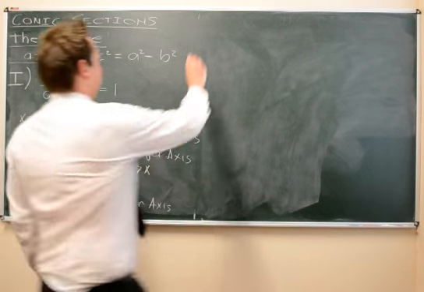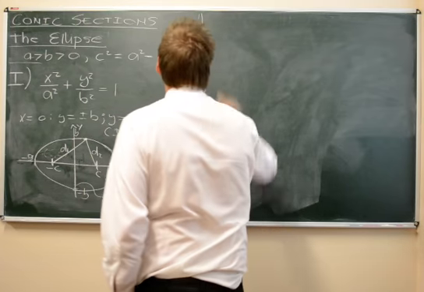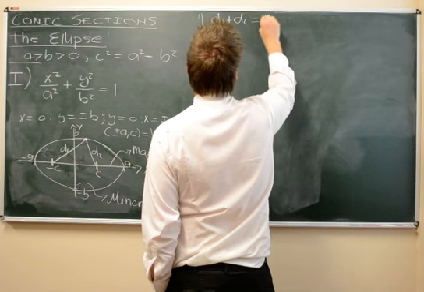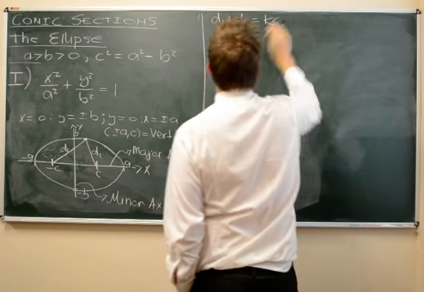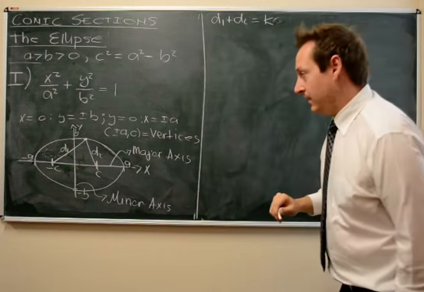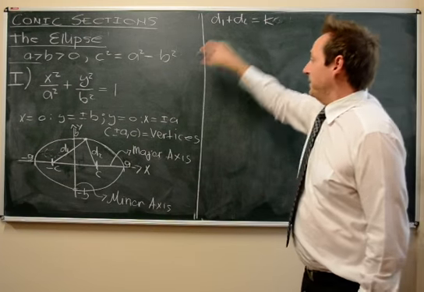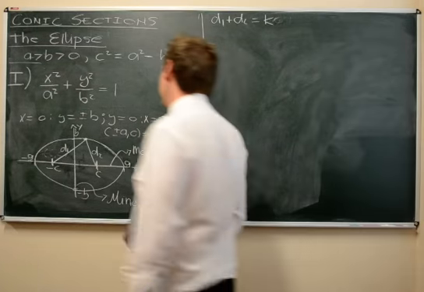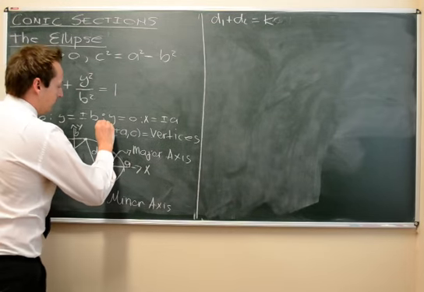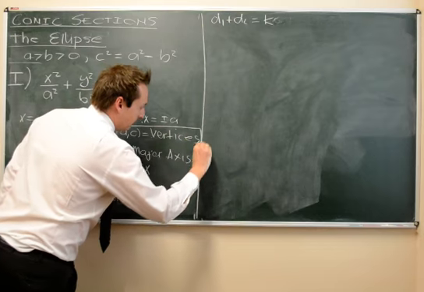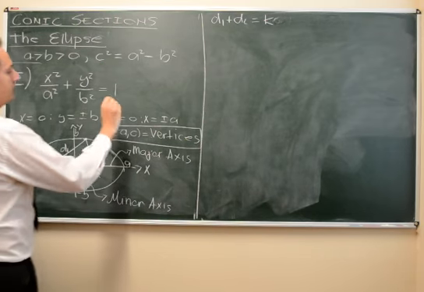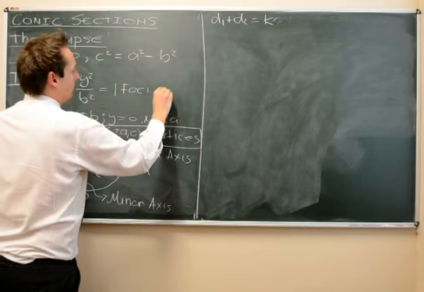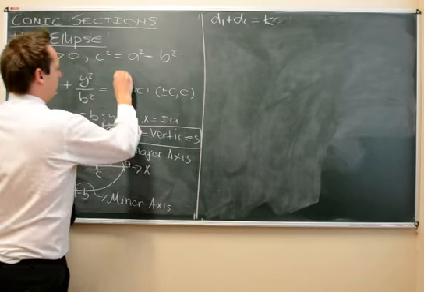So we get d1 plus d2 equals a constant, k. These are 2 very special points for the ellipse, and we call them the foci of the ellipse. So the foci are at plus or minus c, 0.